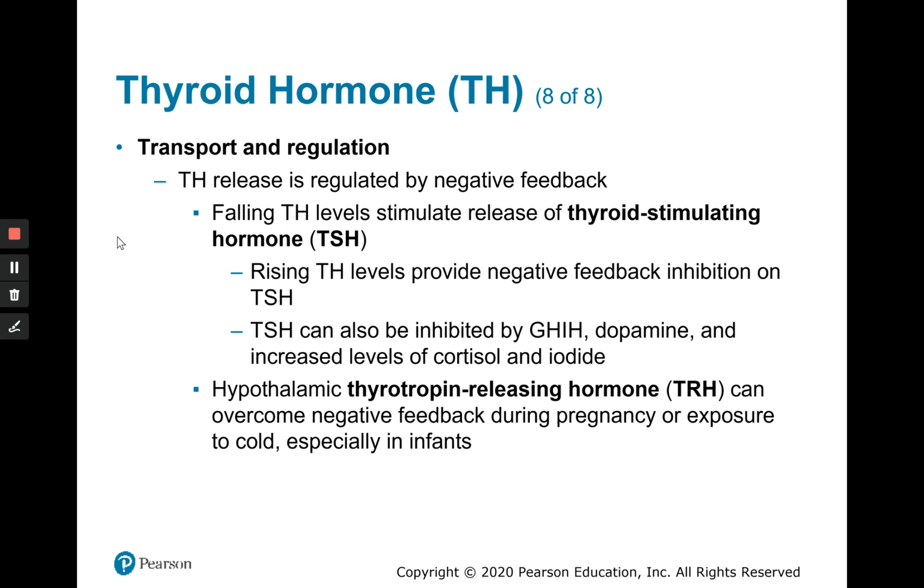We do know thyroid-stimulating hormone can be inhibited by growth hormone inhibiting hormone, dopamine, and increased levels of cortisol and iodide. And it's the thyrotropin releasing hormone, or TRH, that starts everything in this cascade, sometimes called the HPT axis.